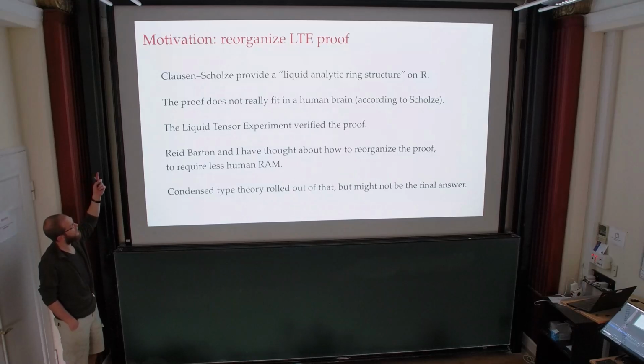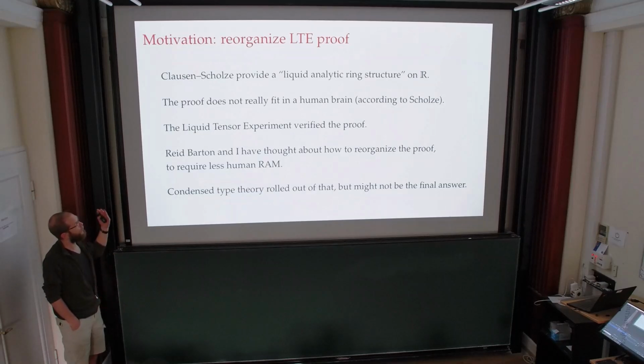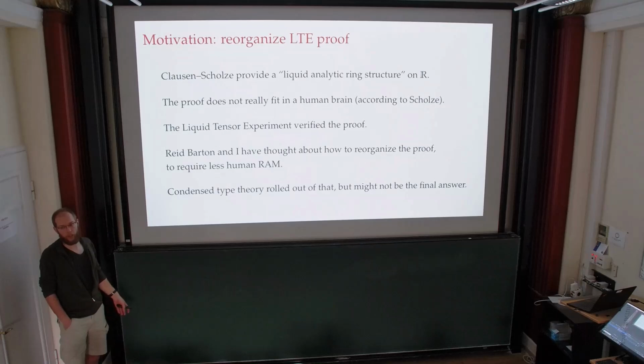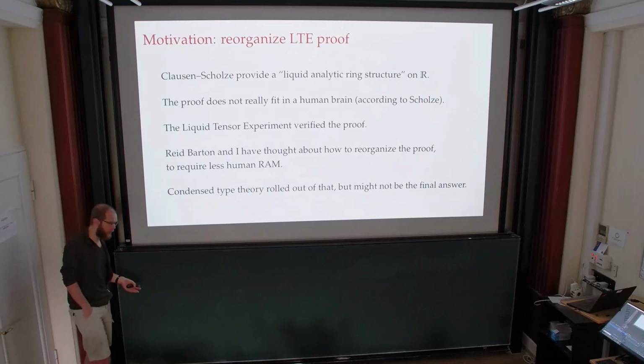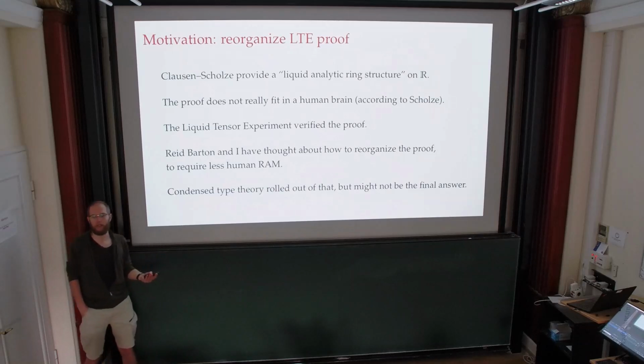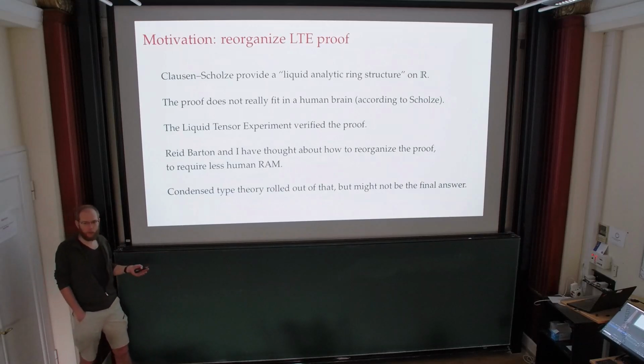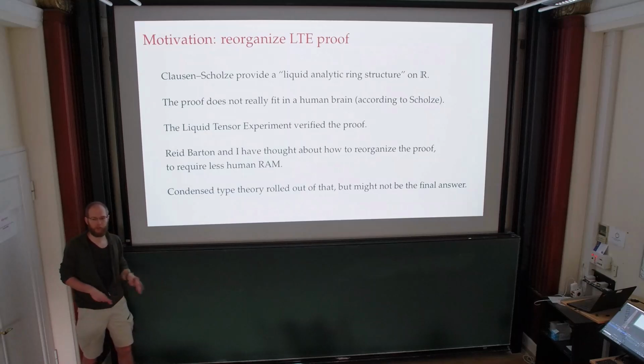The background story is Clausen and Scholze did this liquid analytic ring structure on the real numbers, and that proof doesn't really fit in a human brain, according to Scholze. So then we verified the proof in the Liquid Tensor Experiment, and that project was just finished when Reid showed up in Freiburg. And so we were thinking a lot about what is actually going on in that proof. Can we reorganize it? Can we use tools from logic to restructure the proof in such a way that maybe it does fit in a human brain?